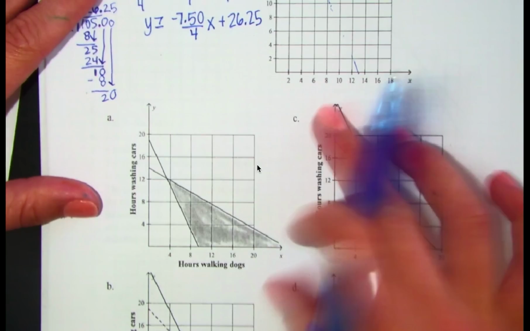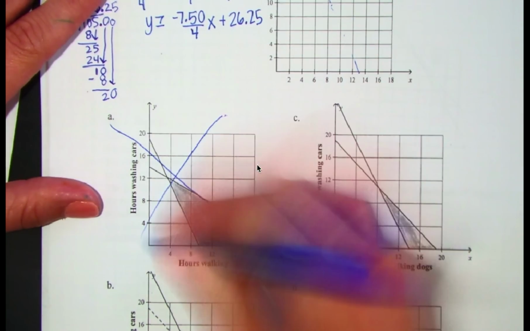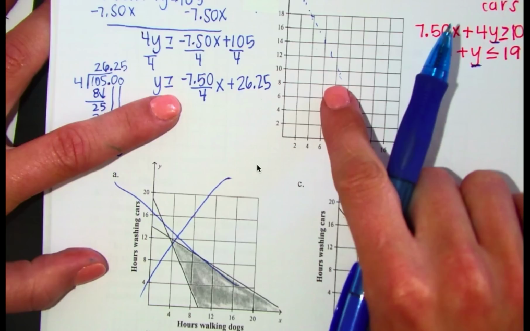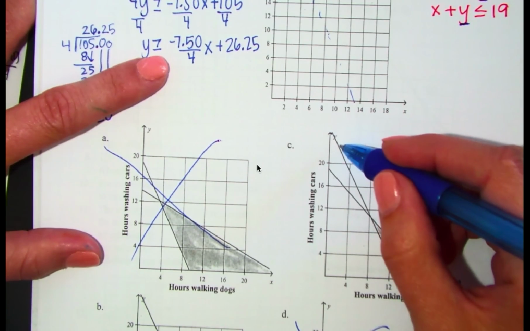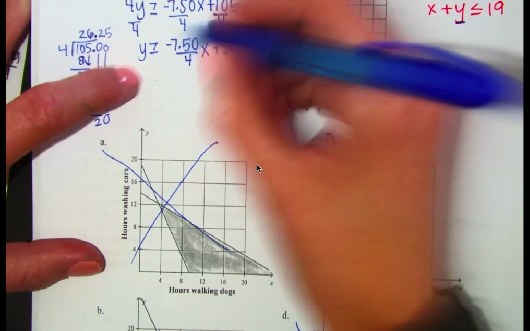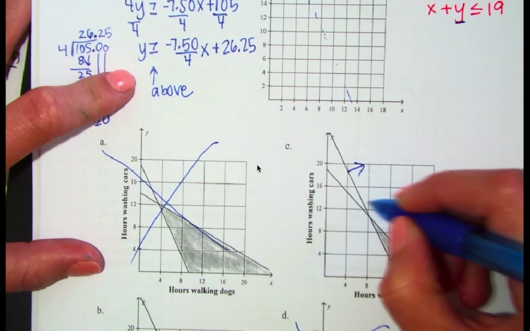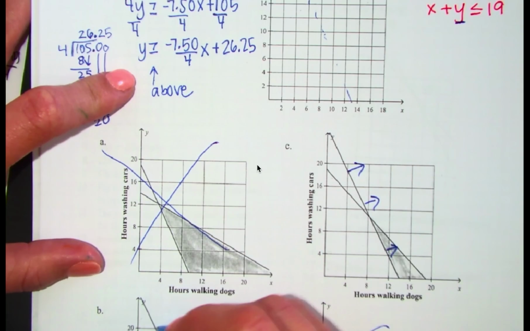So that only happens in C and B. I'm going to go ahead and cross out A and D. Since this says greater than, I know from this line that starts at 26.25, greater than means we're going to shade above. So from this line, I should be shading above. And so far, that looks like what these graphs are doing, shading above.